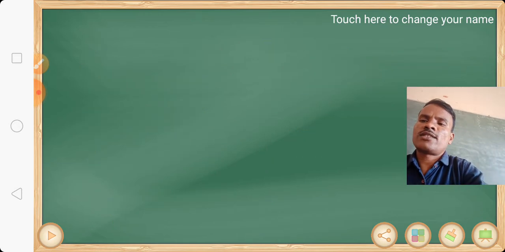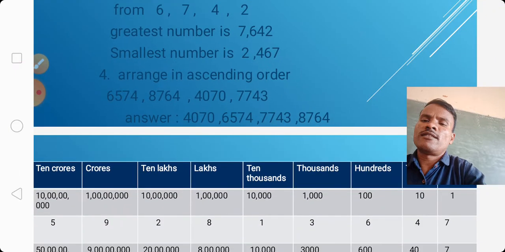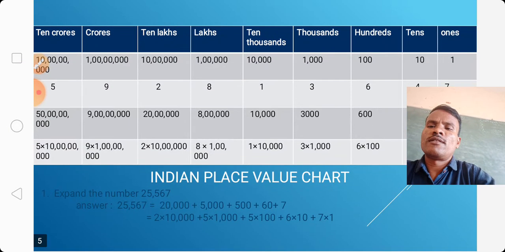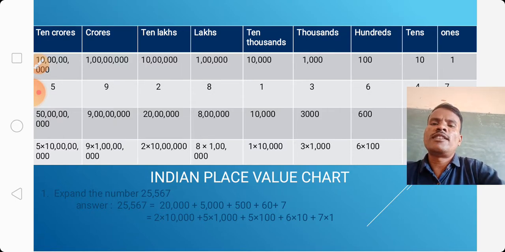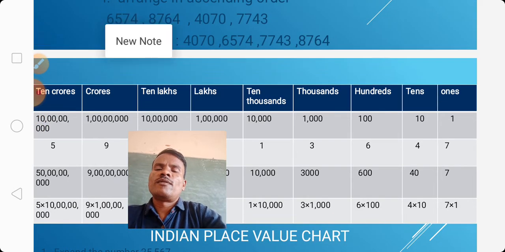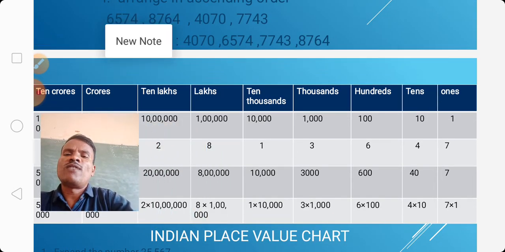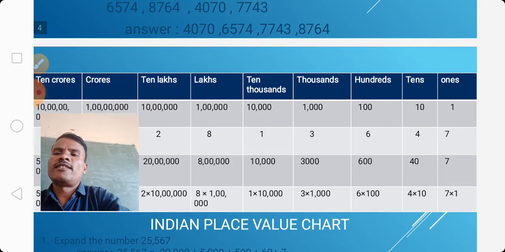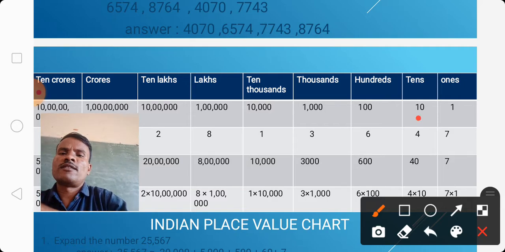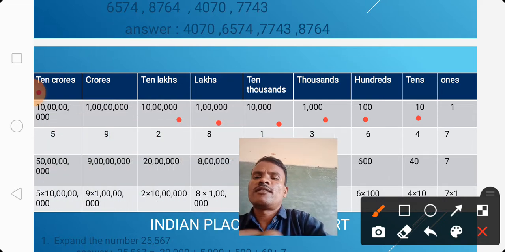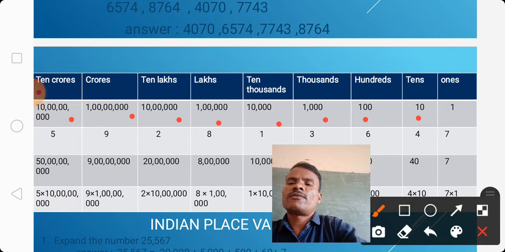Next, come to the second slide, about the Indian place value chart. First take ones, then tens, then hundreds, then thousands, 10,000s, lakh, 10 lakhs, then crore, 10 crore.